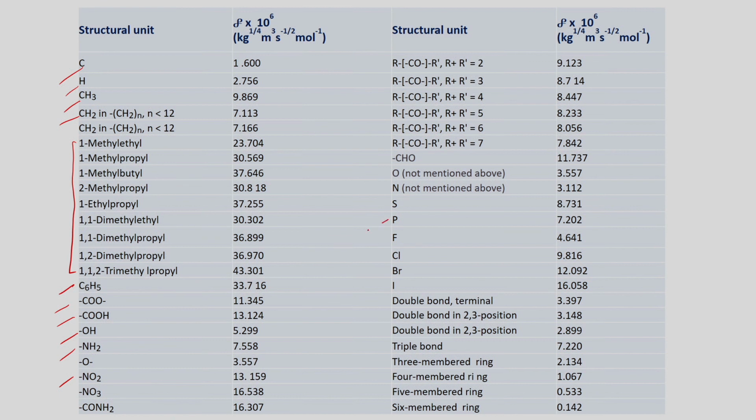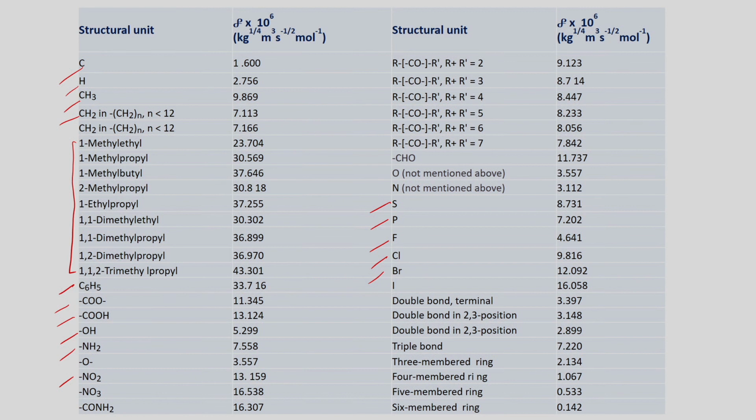If you see sulfur, phosphorus, fluorine, chlorine, all these are given in this particular book. So, this book has the reference of all these values. Again, this is only a part which I am showing you. You can go through this, it will be much clearer when we do some problems.